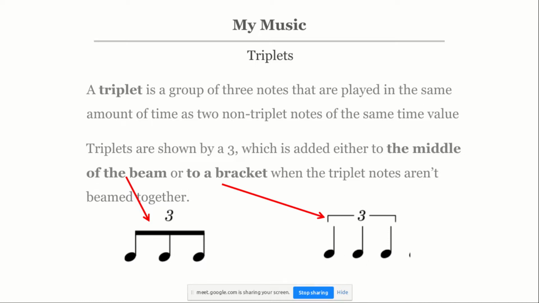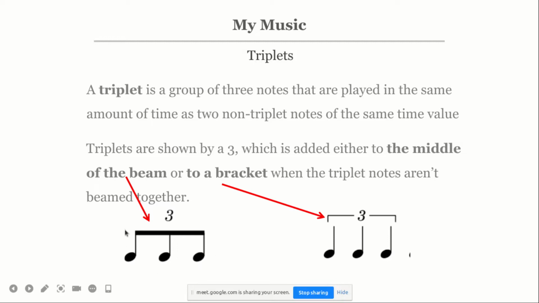So when you see a triplet, there must be 3 notes, or the notes that are covered by the triplet should be able to add up to some kind of 3 notes. So if it's a minim and a crotchet, that adds up to 3 crotchets. If it is a crotchet and a quaver, it could add up to 3 quavers. But the values that are covered with a triplet should be able to be divided into 3.